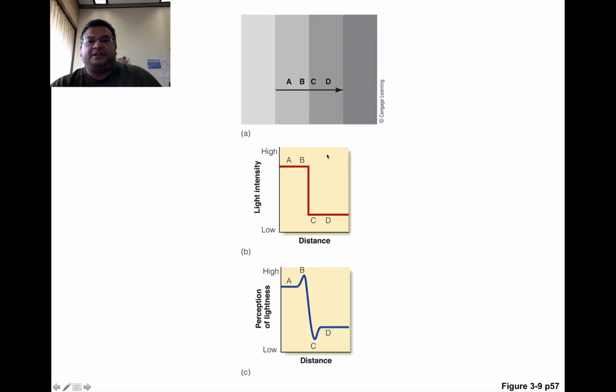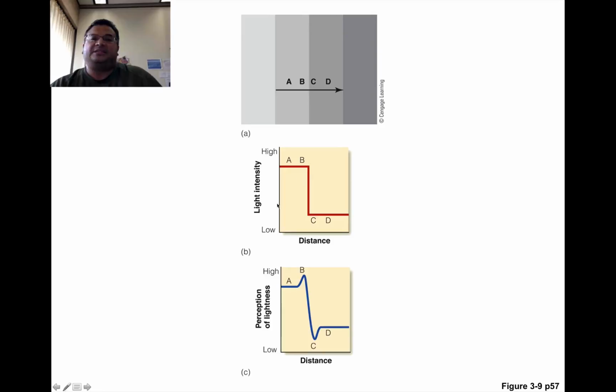A and B are the equal brightness, and then the brightness goes down for C and D. There's no dip or anything. It just automatically goes down. That's the physical light intensity. So if we were to measure the light that's bouncing off of these areas, we would get different measurements. However, our perception of that light is different.